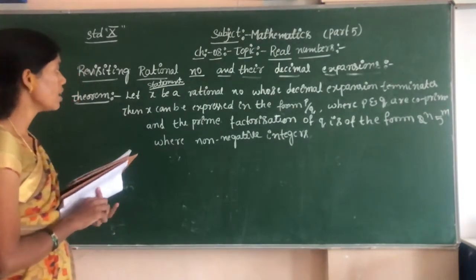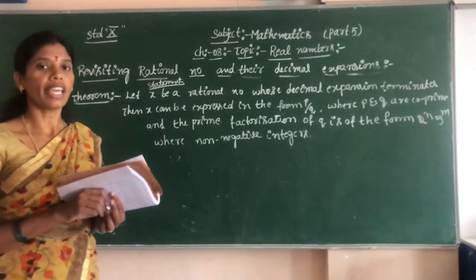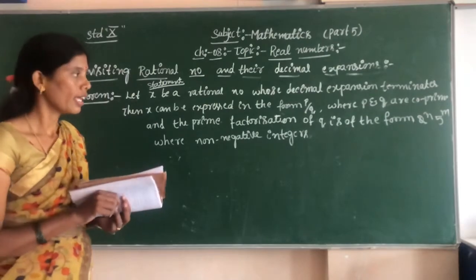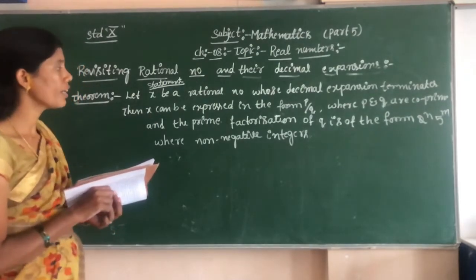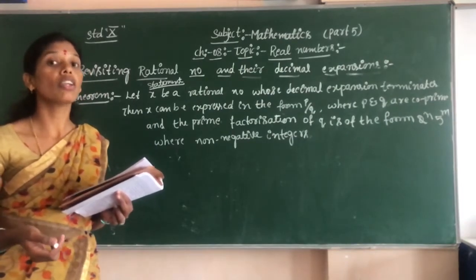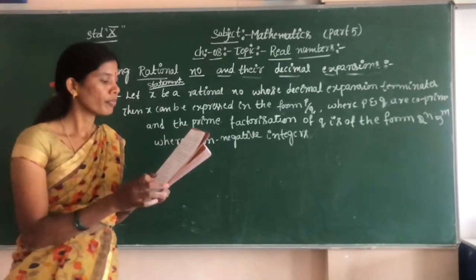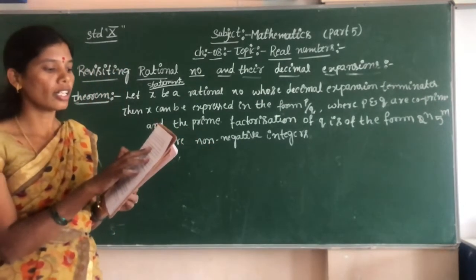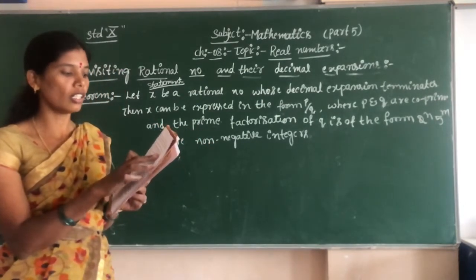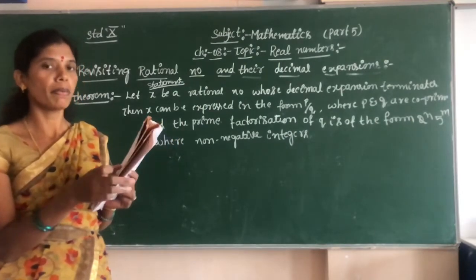Okay, and the prime factorization of q is of the form 2 to the power of n and 5 to the power of m, where n and m are non-negative integers. We should take any integers, so that is non-negative integers. Okay, so you are probably wondering about the other way around, where a rational number is of the form p by q.